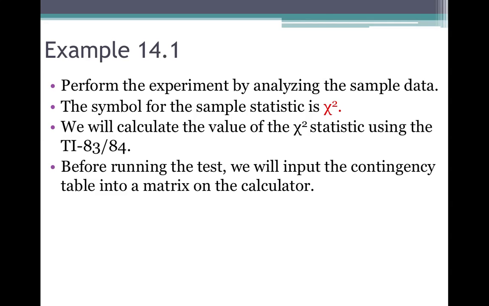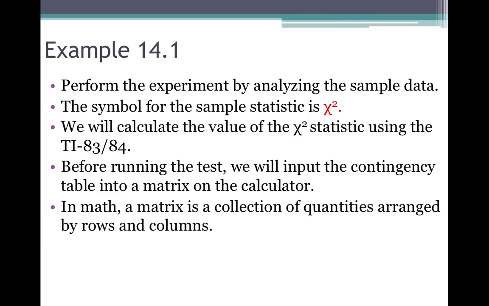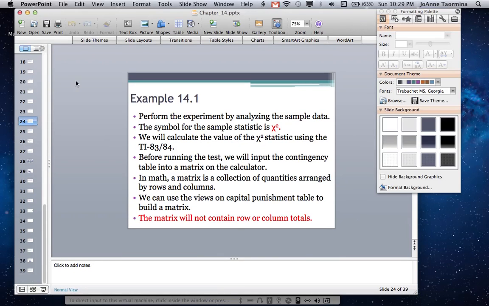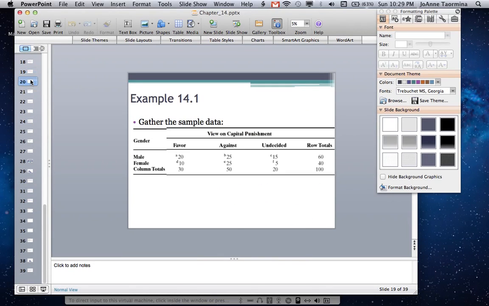Before running the test, we have to put the contingency table into a matrix on the calculator. A matrix is a collection of quantities arranged by rows and columns. We're going to use the views on capital punishment table to build the matrix.